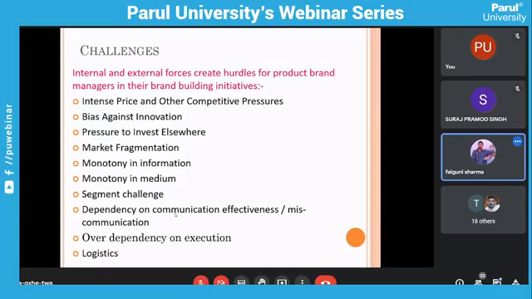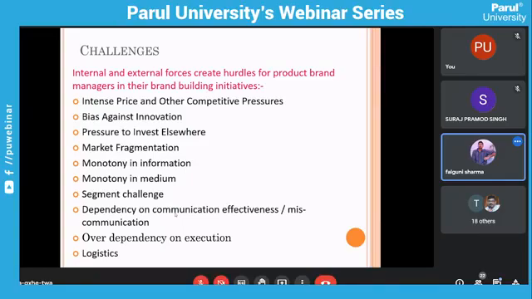If they are not executing well on any brand performance, the brand will get hampered. The customer will not engage in the long term. So execution or implementation is a very important part apart from anything else.